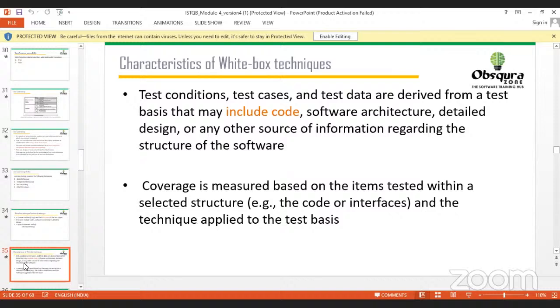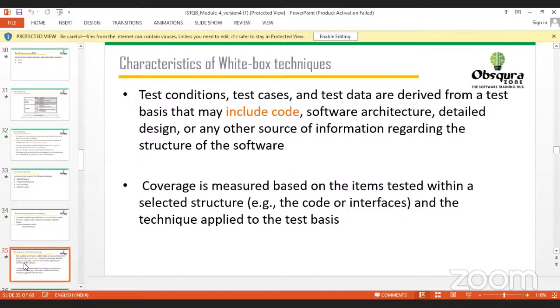In black box testing, we derived test cases from the test basis that includes requirement documents, business specifications, user stories, and all. But here, the test basis is code, architecture, and more about the structure of the software. That is the difference.